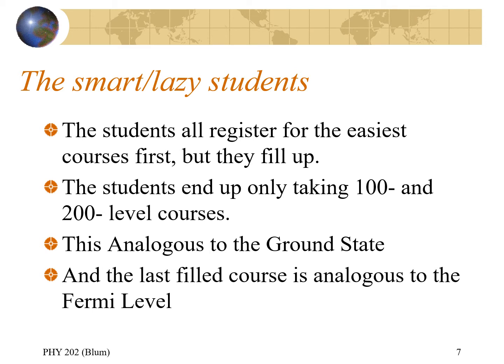By taking the easiest courses, filling in the lowest levels, we are making what's called the ground state. And then that last course filled is analogous to what's known as the Fermi level.